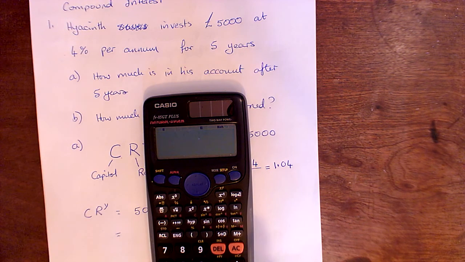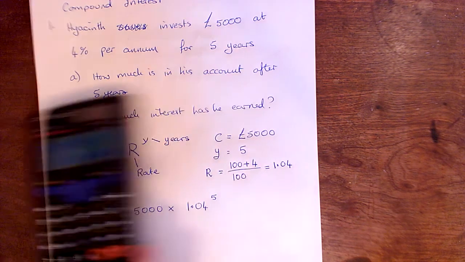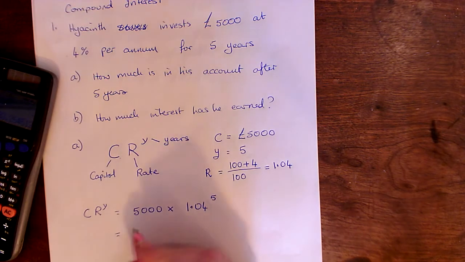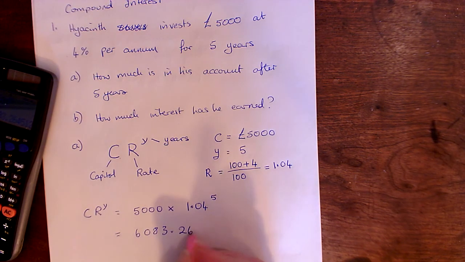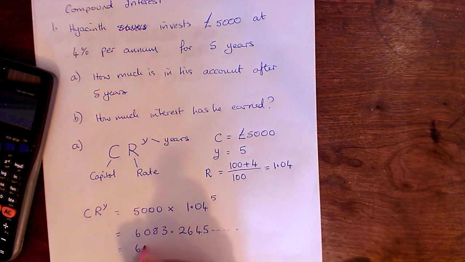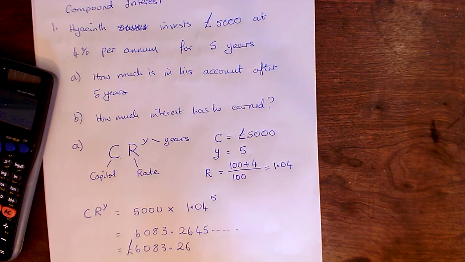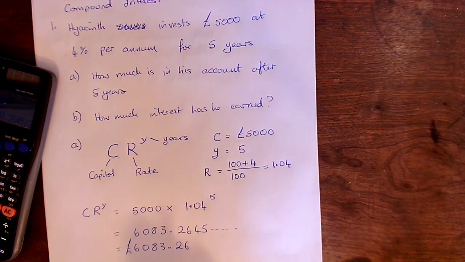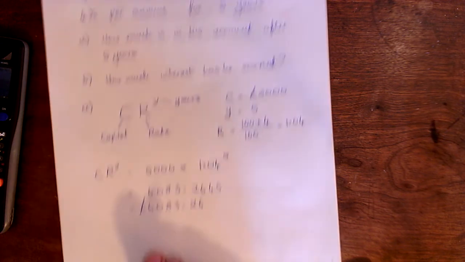So that goes in there, and that works it all out for me. It's 6083.2645, which we're going to round, 6083.26. £6,083.26. Okay.